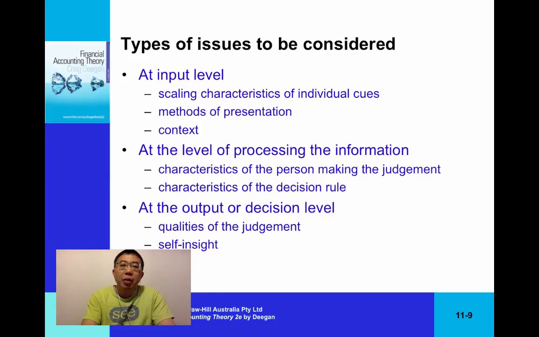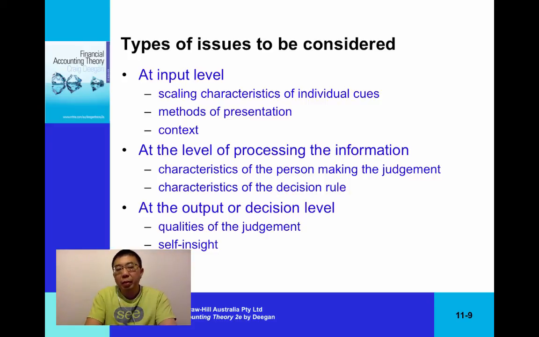At the input level, for example, you may want to look at scaling characteristics of individual cues. So how do you measure these individual cues? Let's say, for example, in the MBA example, references. How do you measure what is a good reference and what is a bad reference? In the case of lending decisions, for example, how do you rate reputation?